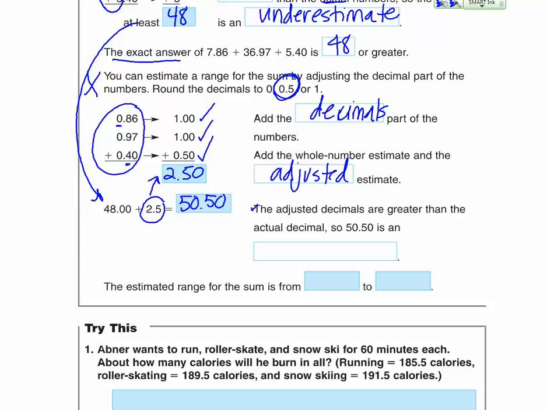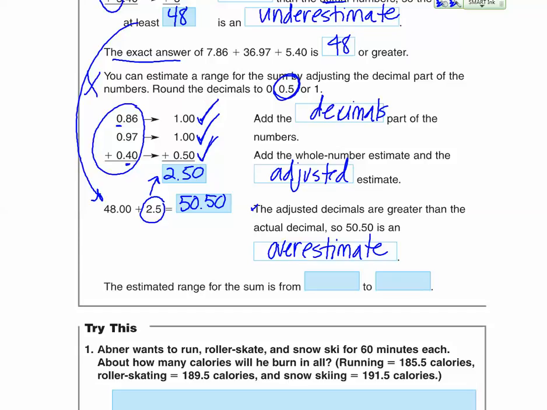So 50 and 50 hundredths would be an overestimate. We know this is bigger than what the real answer is. And again, how do we know it's an overestimate? Because we rounded up, and we rounded up. Then you take these two values and it would be the answer for your range.